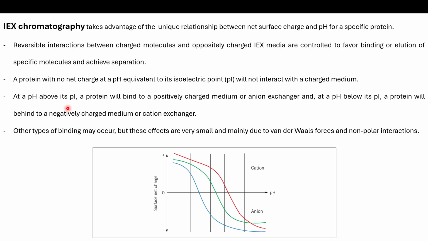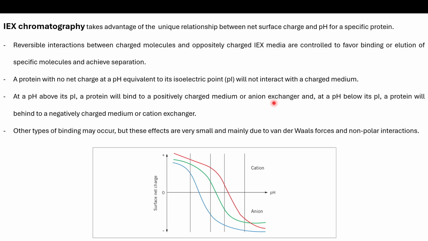So when we talk about anion exchange chromatography, the matrix is positively charged. Okay, the matrix or the medium here or the stationary phase in consideration is positively charged, but it is called an anion exchanger because it is exchanging negatively charged moieties or sample.